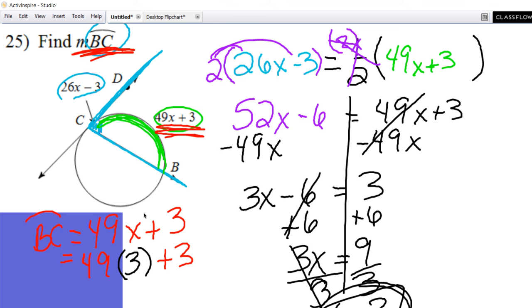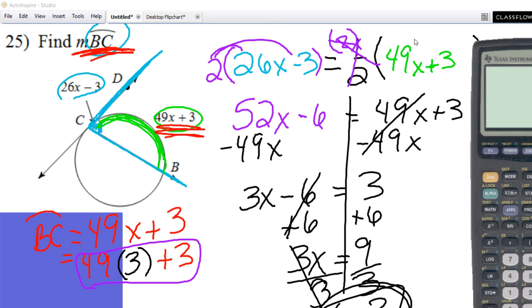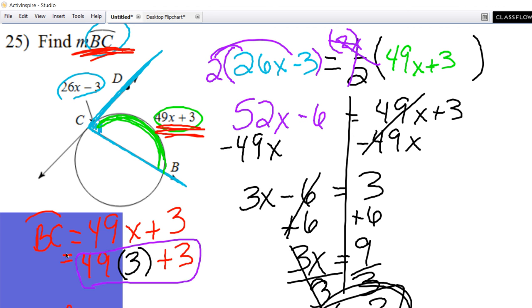I have all numbers, so every time I have all numbers, I can just put them on the calculator. So let me move it so you guys can see. We're going to turn our calculator on, and we're going to have 49 parentheses 3 close parentheses plus 3. Press enter, so our answer is going to be 150. That means that arc BC equals 150 degrees. And that will be our final answer.